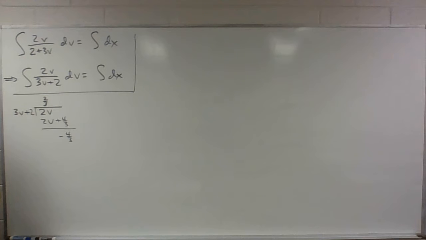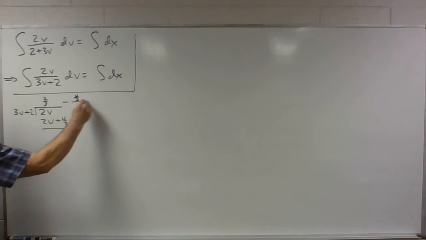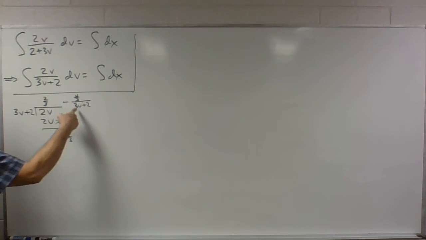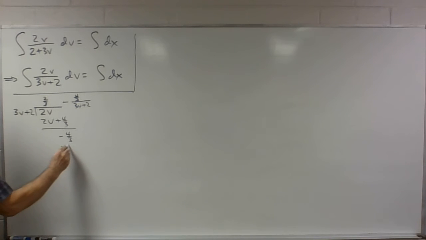So here's what I have. I'm dividing negative 4/3 by 3v plus 2, so I'll write that as negative 4/3 over 3v plus 2. Negative 4/3 over 3v plus 2 times 3v plus 2 is negative 4/3.